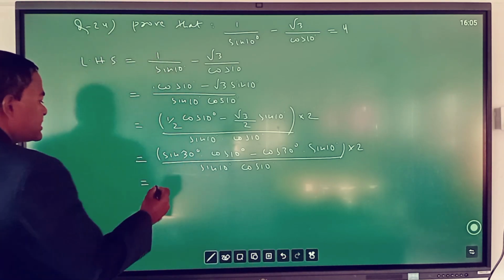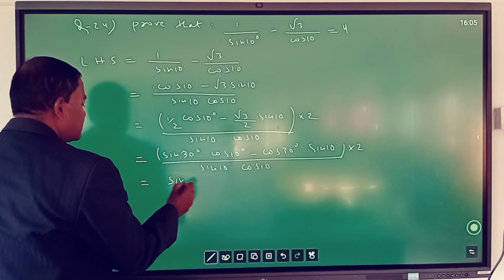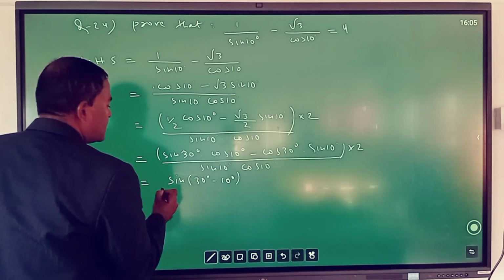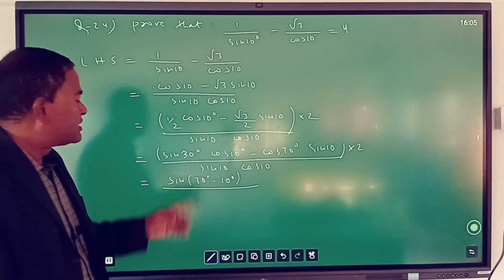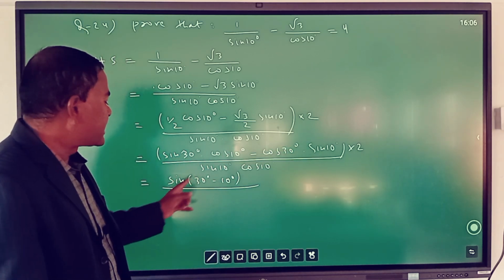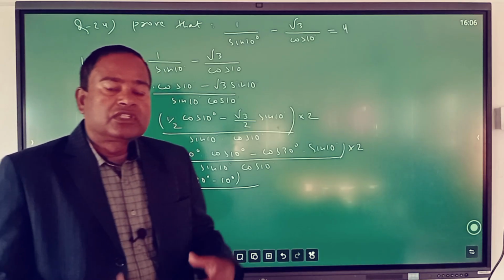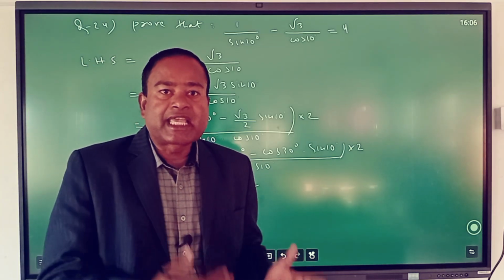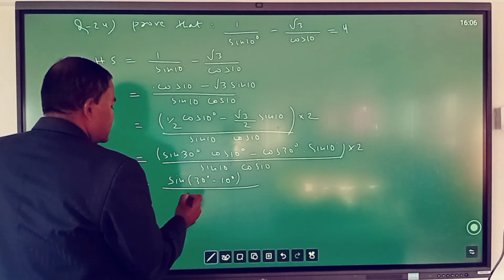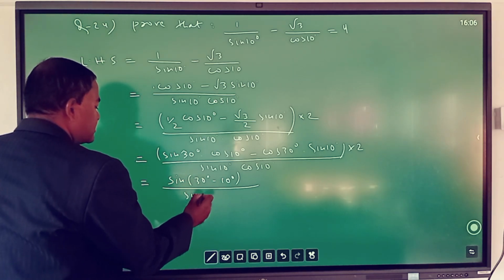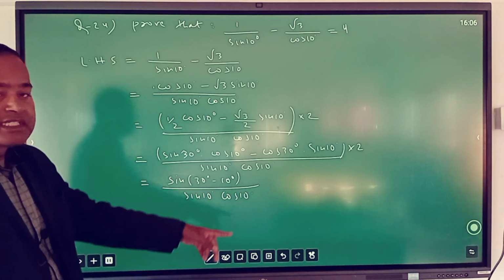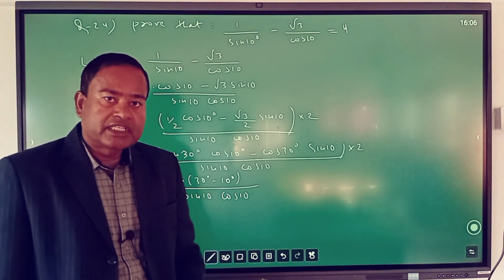So dear students, we know that sin A cos B minus cos A sin B is equal to sin(A minus B). That means the whole expression we can write as sin(30 degrees minus 10 degrees) divided by sin 10 degrees times cos 10 degrees, keeping as it is.